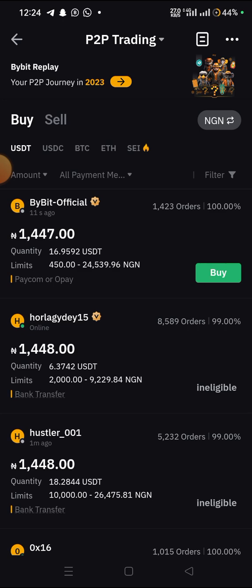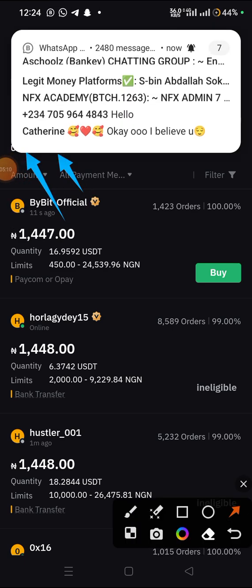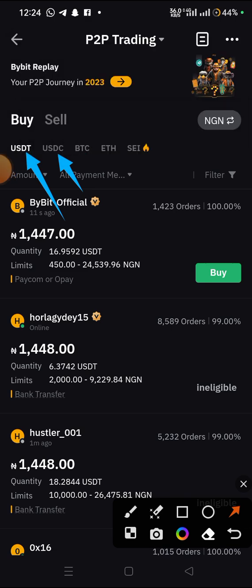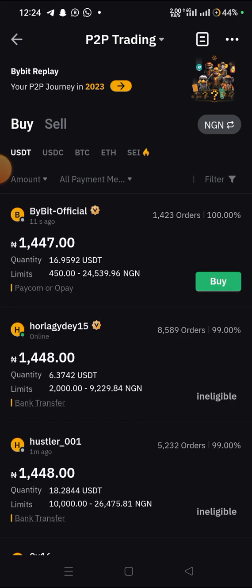So now let's go to the arbitrage I'm talking about. USDT and USDC are both stable coins. Their price is pegged to the US dollar.